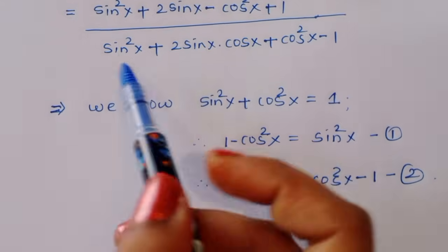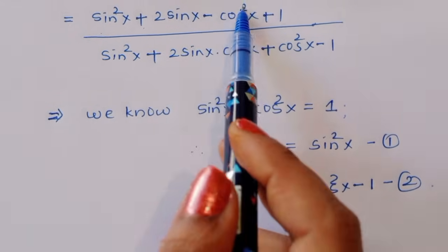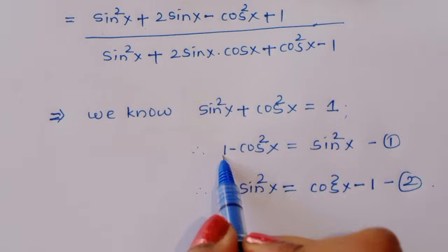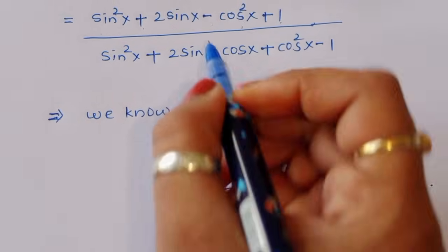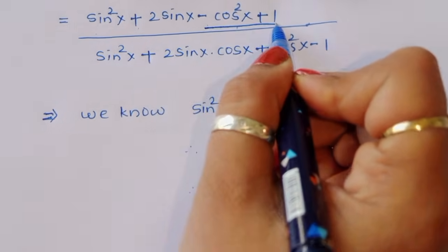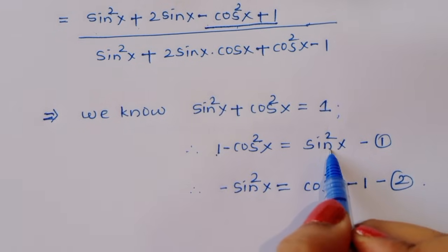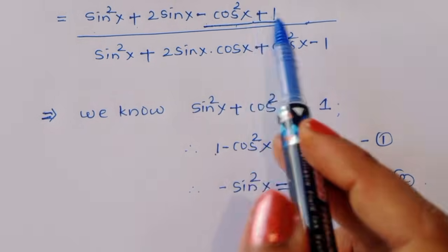Now here you can see sin square x plus 2 sin x minus cos square x plus 1. This term, 1 minus cos square x, is equal to sin square x according to equation 1, so we can substitute here.